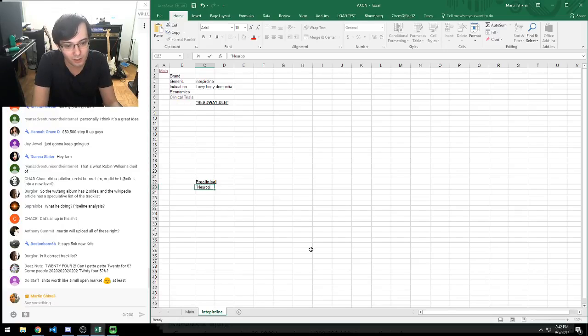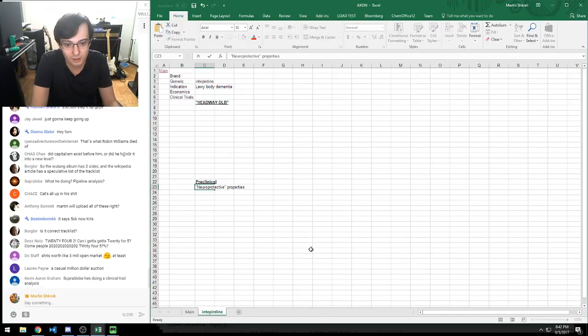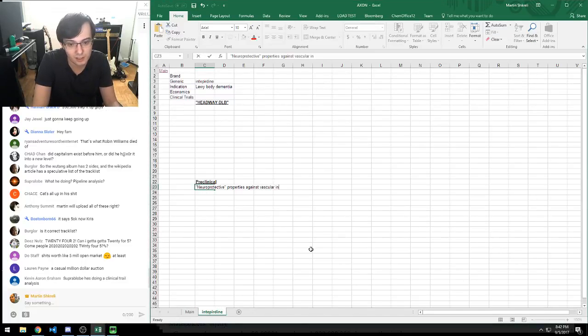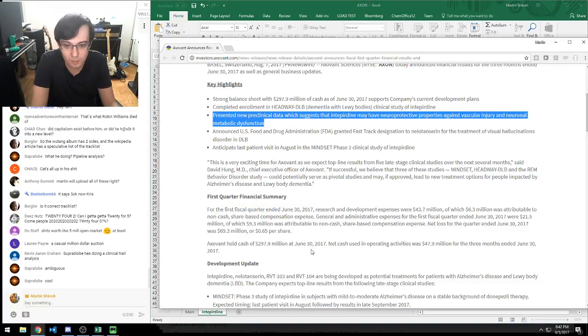Neuroprotective is a very silly sort of phrase, but if it's against vascular injury, that makes sense, since vascular injury does occur in, say, stroke, and part of the damage of stroke is intrinsic and comes from the body's response to the stroke, so keep that in mind.